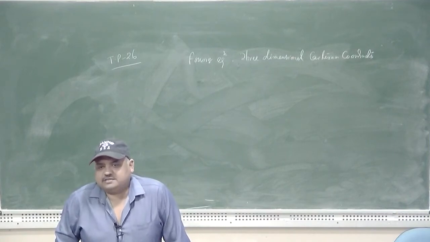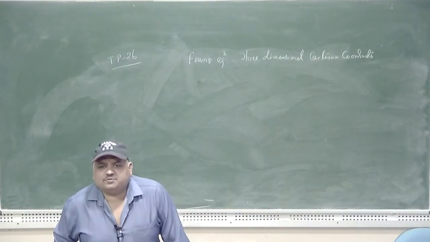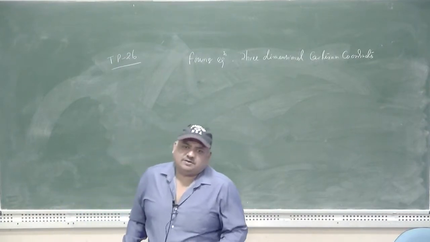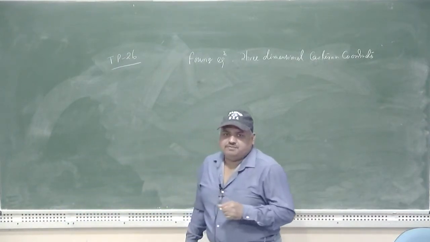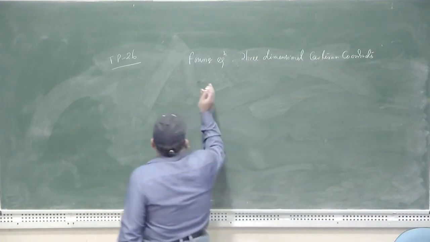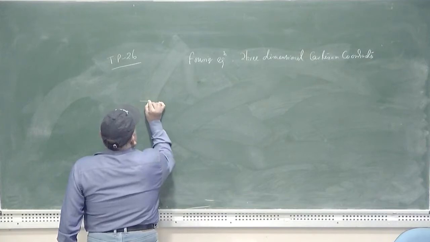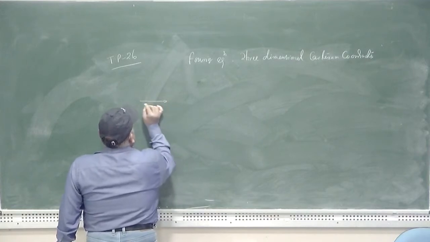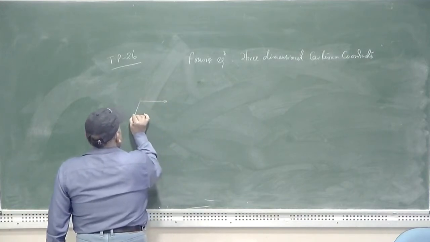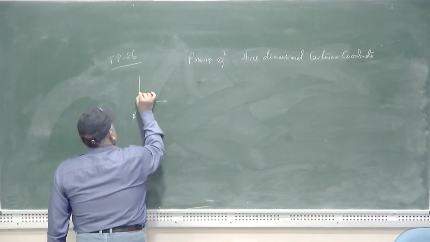In today's class, we will see how the extension of this Fourier equation to the 3-dimensional Cartesian coordinate system can be made. So, in order to formulate this Fourier equation for 3-dimensional Cartesian coordinates, let us suppose this is our Cartesian coordinate system.